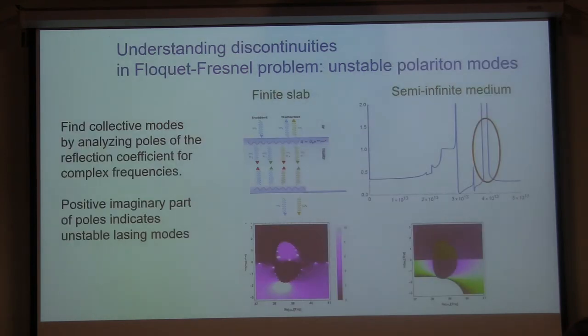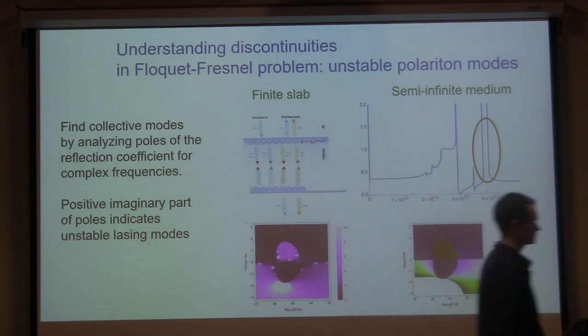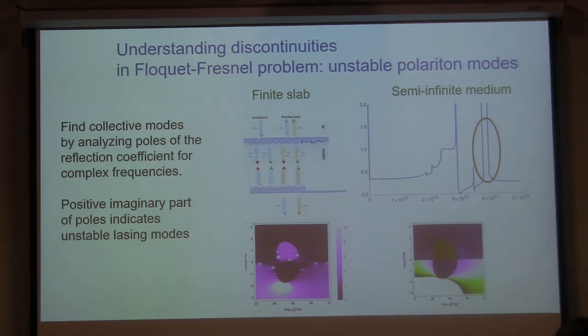Actually, this turns out to be a very interesting feature. Just like in many-body physics, if you want to analyze collective modes in a system, you look for poles. Let me remind you that if we look at magnetic systems, we usually write a relation that the magnetization at finite q and omega is the response function chi of q and omega times h, the external field at q and omega.